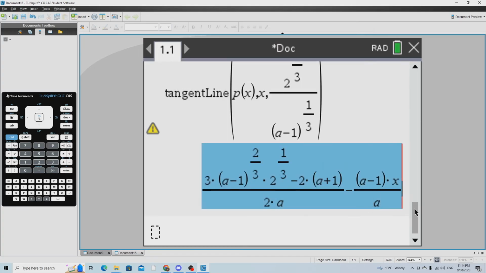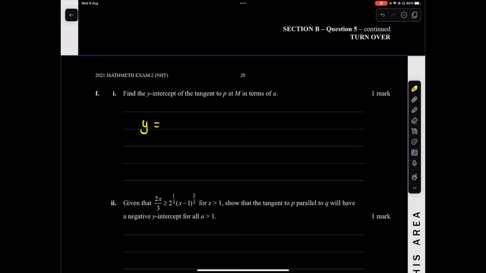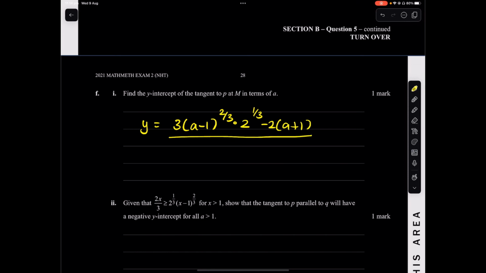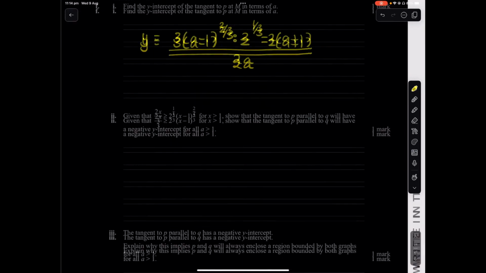And we get this, but we want the y-intercept, so we only want this part. So y equals 3 a minus 1, 2 over 3, multiplied by 2, 1/3, negative 2, a plus 1, all over 2a. So that's your y-intercept.